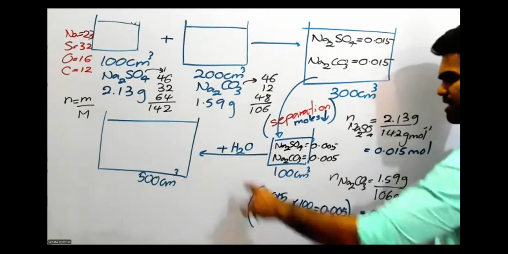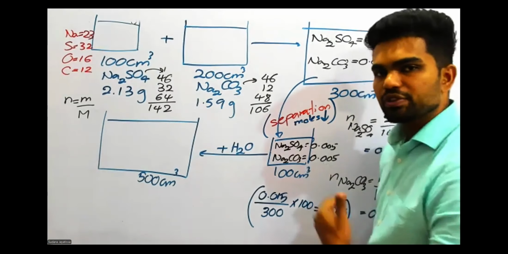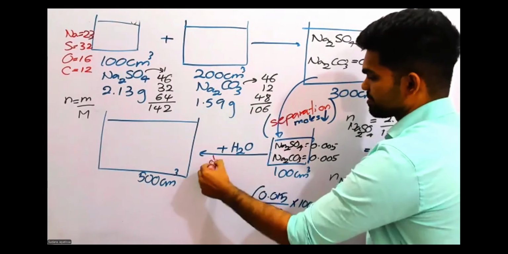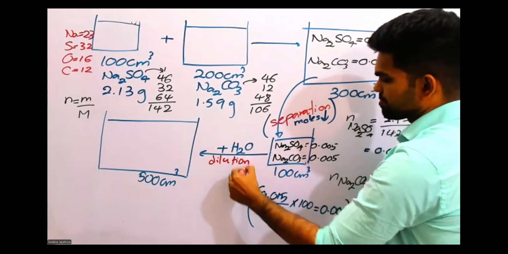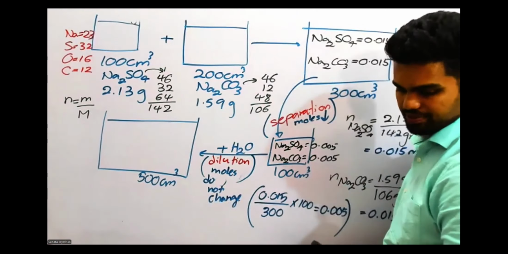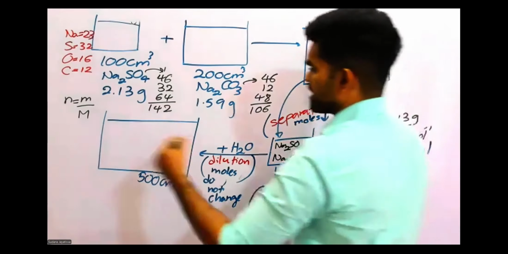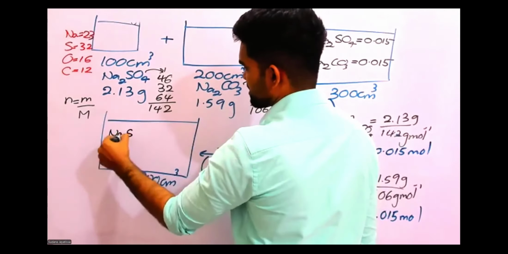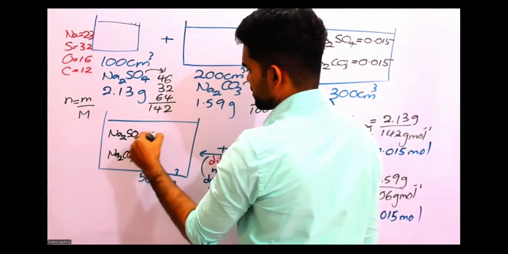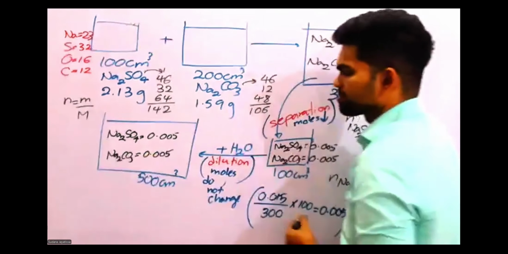And what is this one? Adding water. The final solution is made by adding further volume of water. So that is called dilution. Number of moles do not change during dilution. Understood? So the same number of moles will be there in this solution. So sodium sulfate and sodium carbonate, you will have 0.005 and 0.005 here.